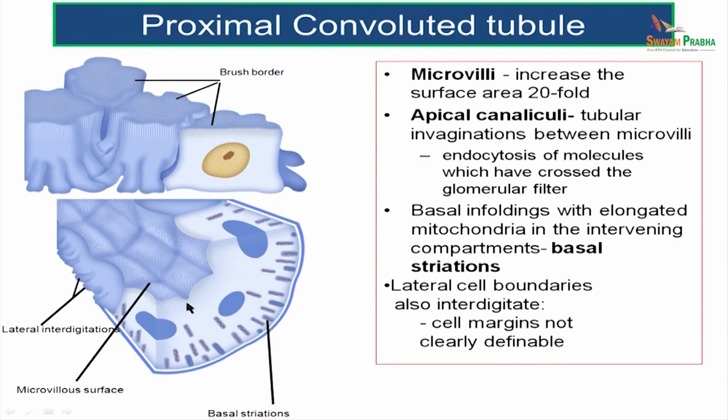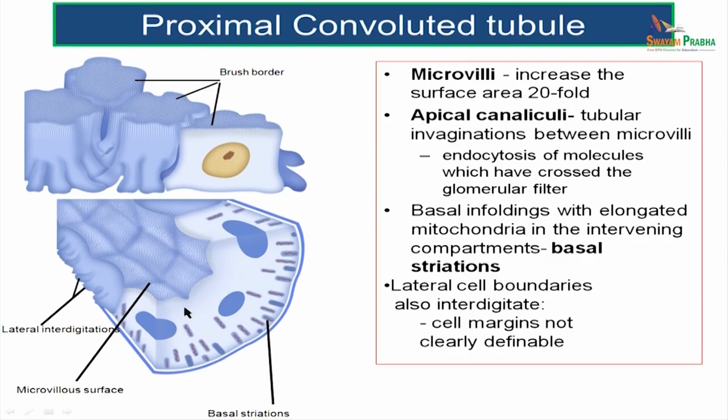There are also apical canaliculi, which are nothing but tubular invaginations between the microvilli. There is importance for these apical canaliculi also. They endocytose molecules which have crossed the glomerular filtrate. The function is endocytosis.